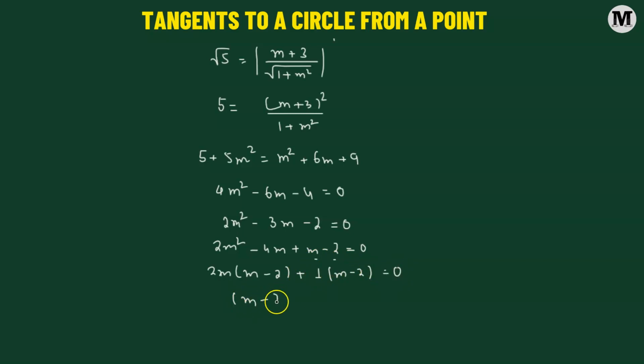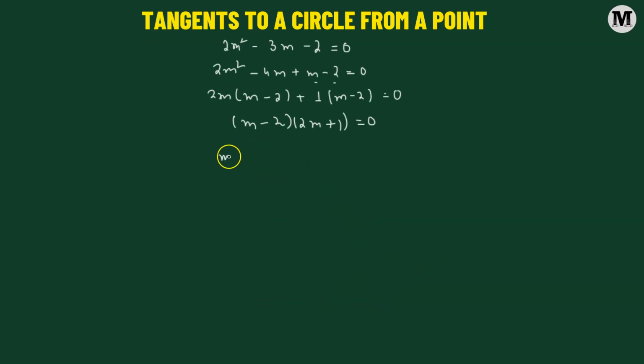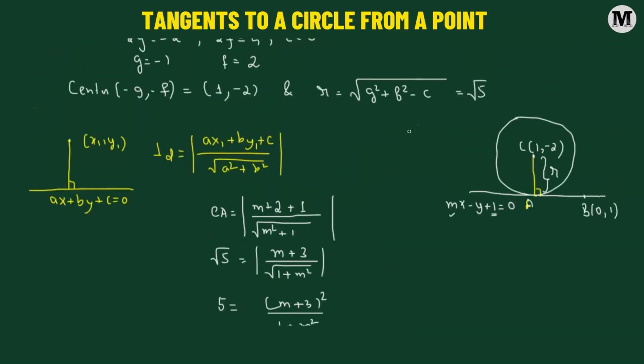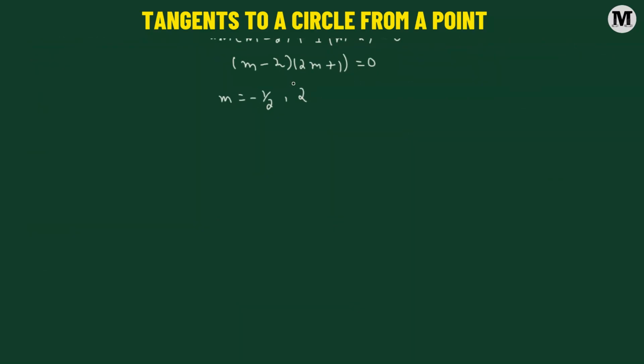This gives us m minus 2 times 2m plus 1 equals 0. Solving for m, we get m equals negative half, or m equals 2 as well.